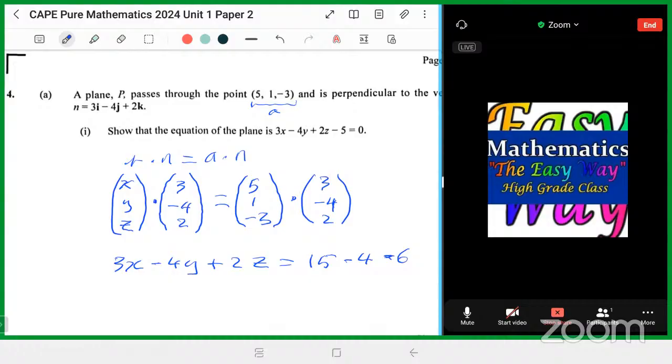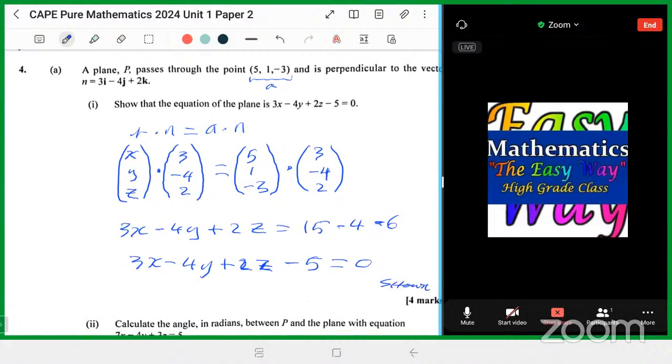So this remains 3x minus 4y plus 2z. And this becomes 15 minus 10, which is 5. We have a 5 on this side. We transpose it to get a negative 5 on that side, which is what they have. So let us just do that now. Minus 5 equals 0. That is it, shown.